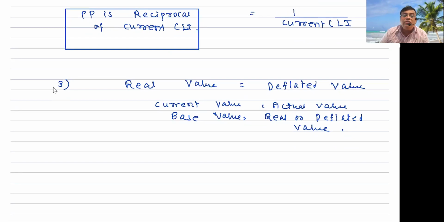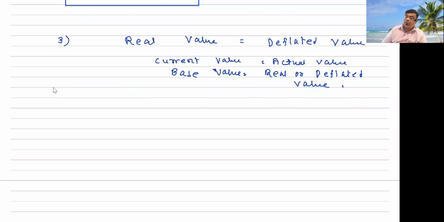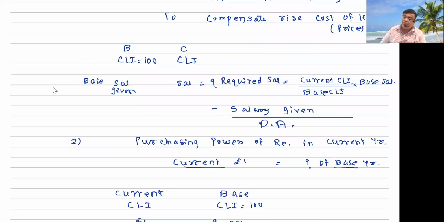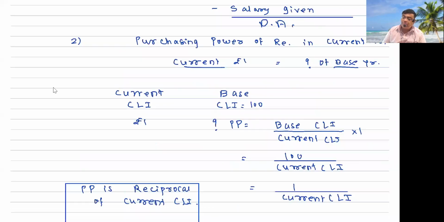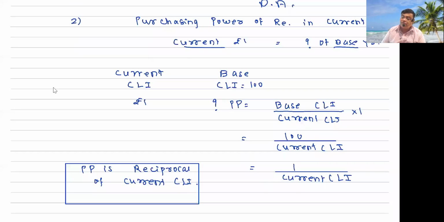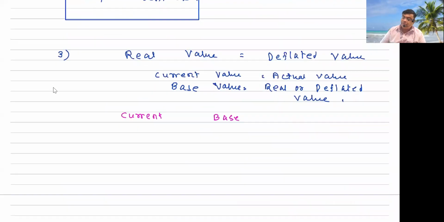Now how will we find it? How will you find it? First we write current. Now try to understand one thing: in the first application, in dearness allowance, first I wrote base, then I wrote current, and in the other applications first I am writing current and then I am writing base.